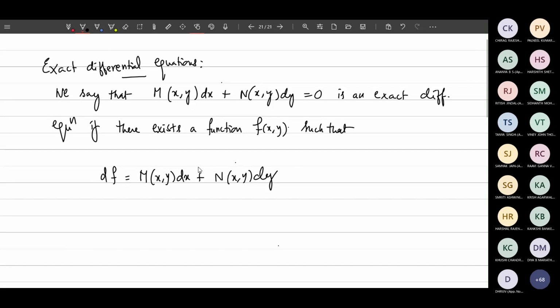So if such a function f exists, then we say that this is exact. Carefully you see that after some time I will give the proof of this, how this existence happens. M(x,y) dx plus N(x,y) dy we are taking here. That is, the coefficient of dx and coefficient of dy are functions of x and y.